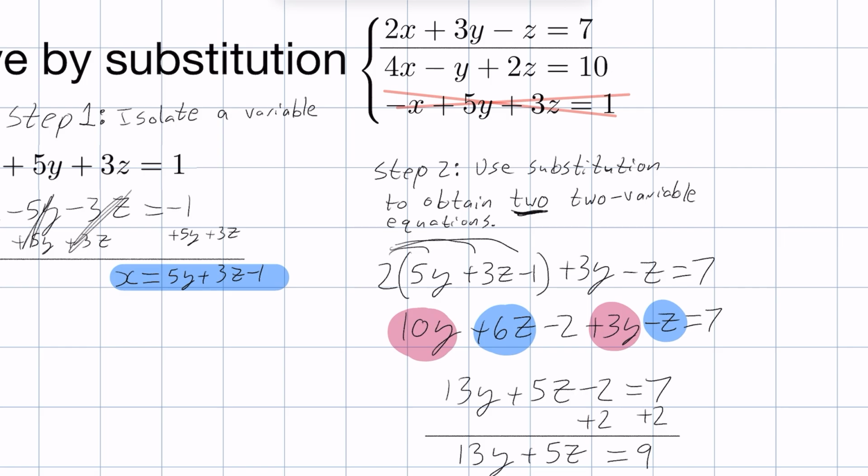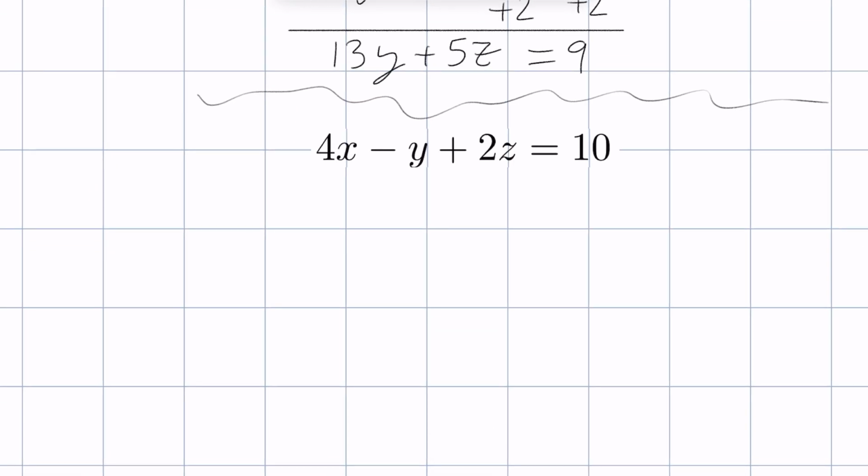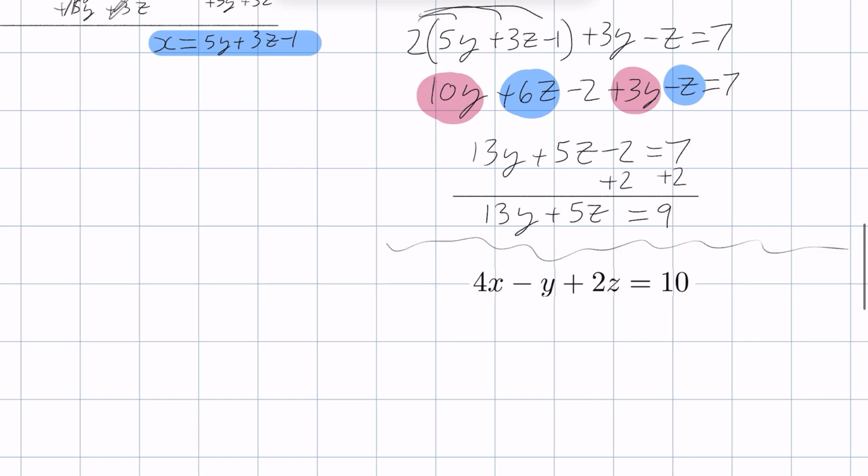Now we've used this equation. So the last equation that we want to use is that middle equation. I'm going to copy it, move it down so that we can work with it. We need to replace x with this.